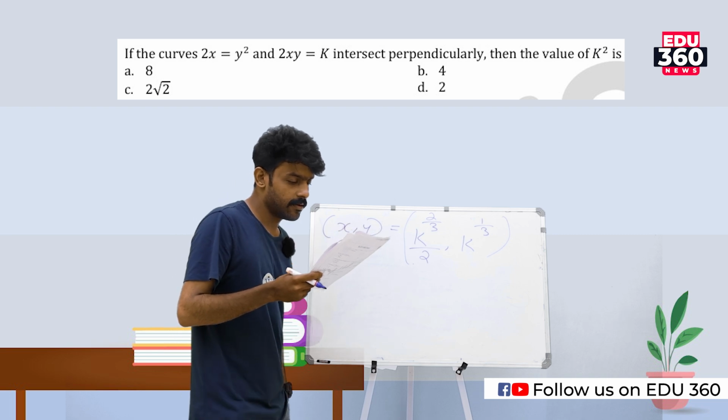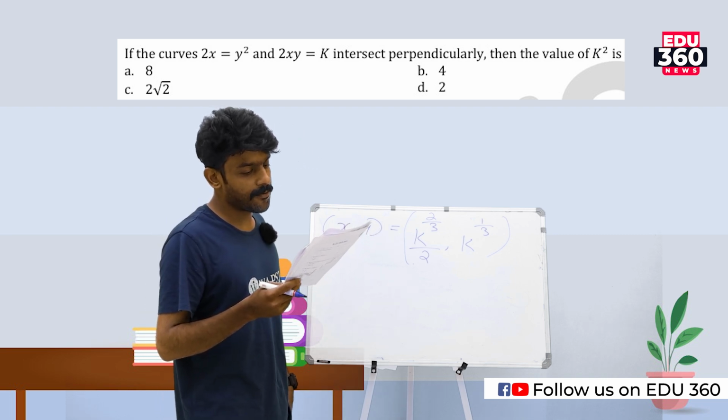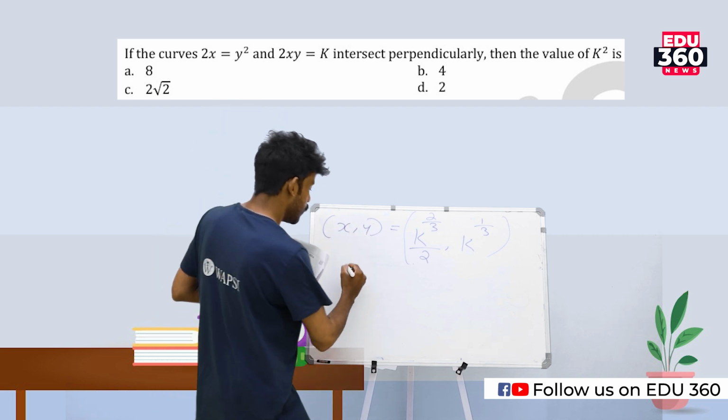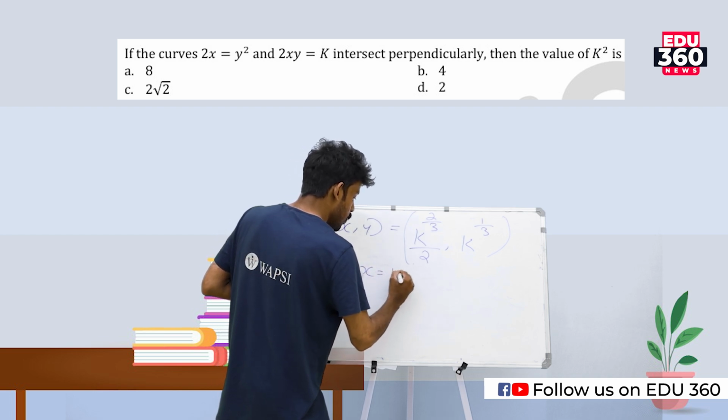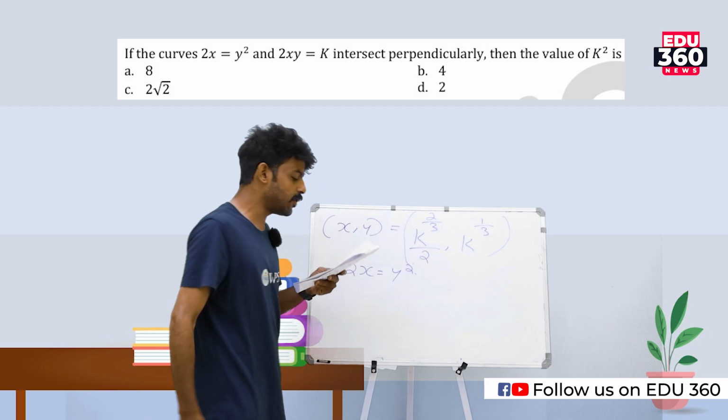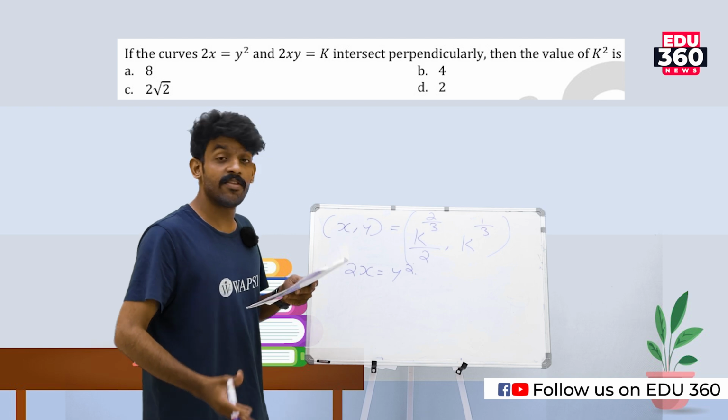Here we are going to differentiate 2x = y² with respect to x.